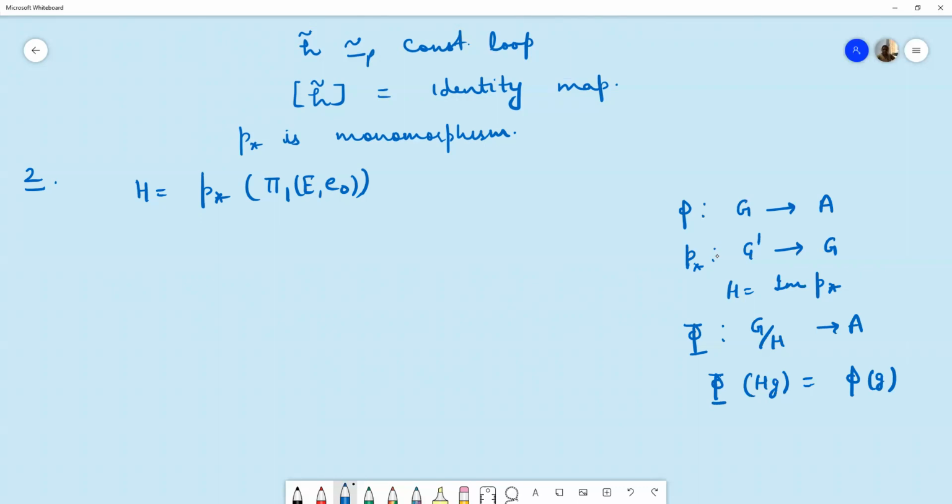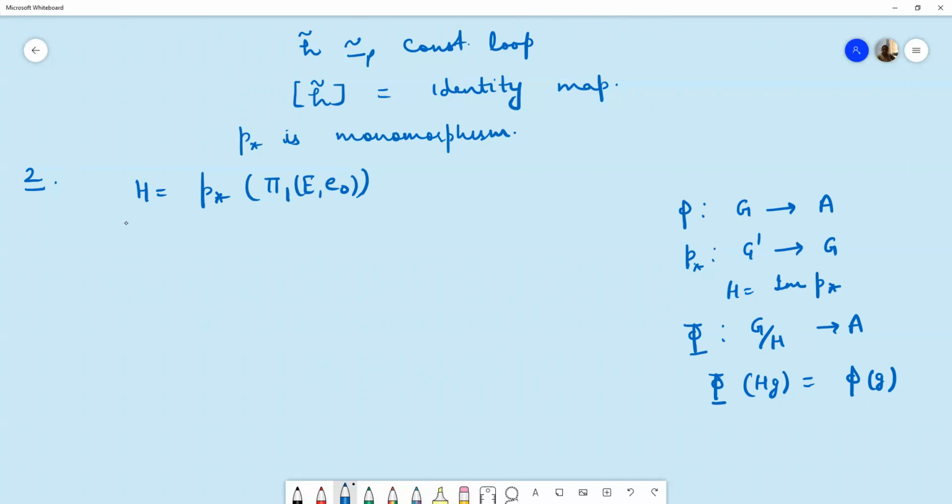So if we have a given homomorphism phi from G to A and P star a given homomorphism from G dash to G, which is a monomorphism, and H is the image of P star, then this mapping phi from G to A induces a mapping from G by H to A, defined by capital Phi of Hg equal to phi g.